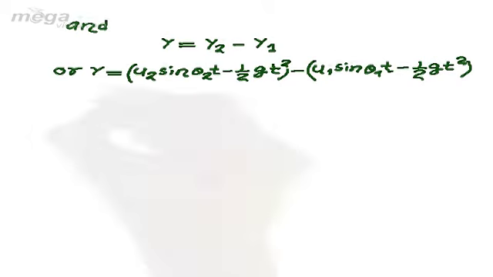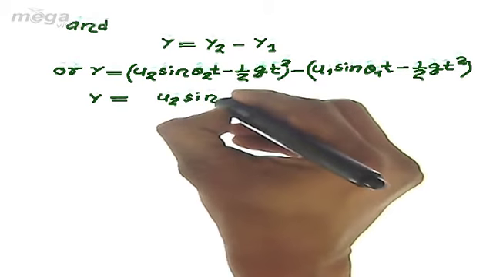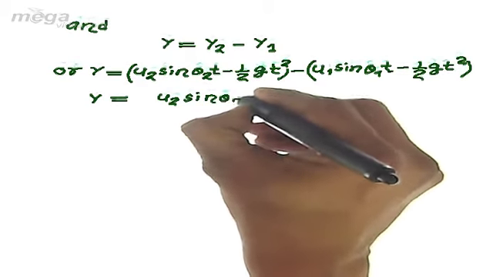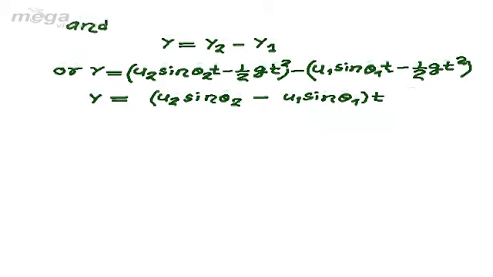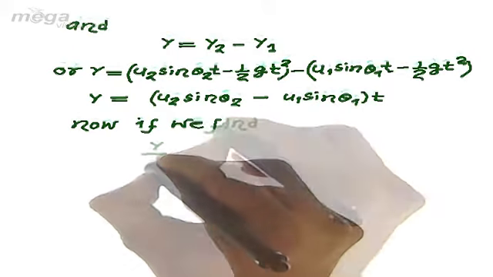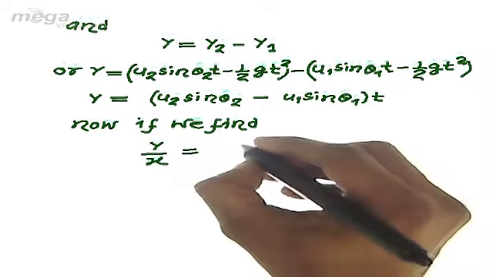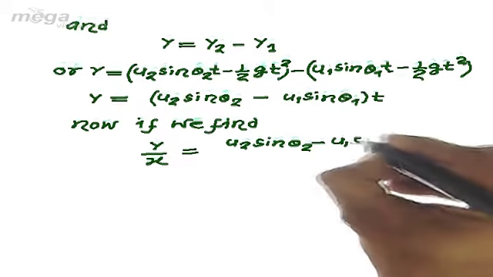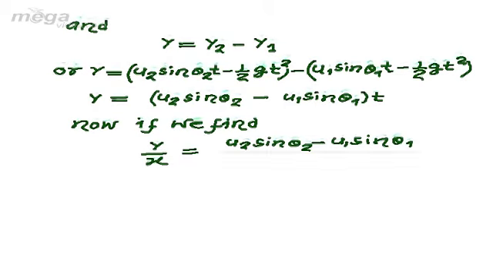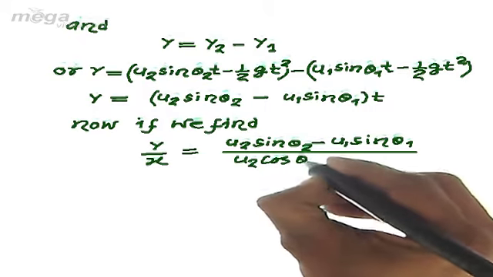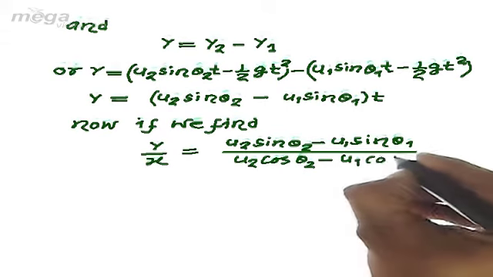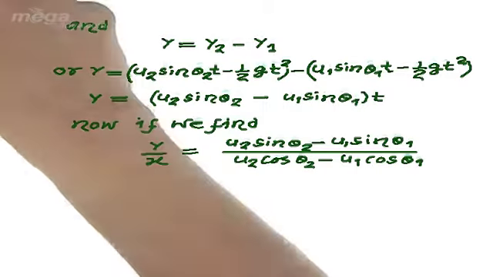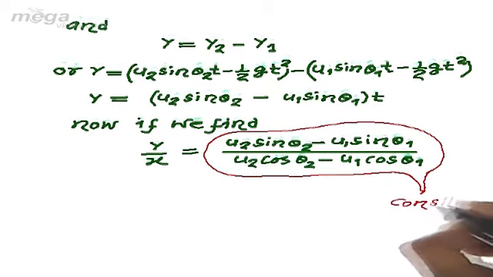So opening these brackets, we get y equal to u2 sin theta 2 minus u1 sin theta 1 multiplied by time t. Now, if we find y upon x, it becomes u2 sin theta 2 minus u1 sin theta 1 divided by u2 cos theta 2 minus u1 cos theta 1, and this result is constant.